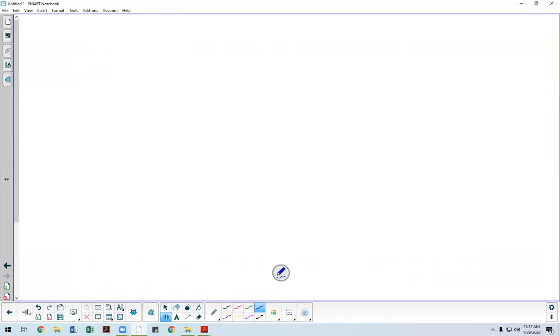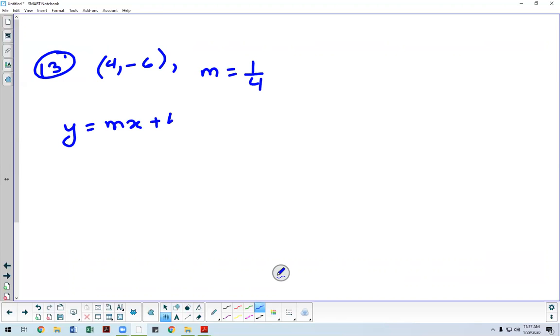Okay? All right, so let's see. They are telling us that the line is going to the point 4, -6, and the slope is 1/4. So if you are using y equals mx plus b, then this will of course be your x and y values.